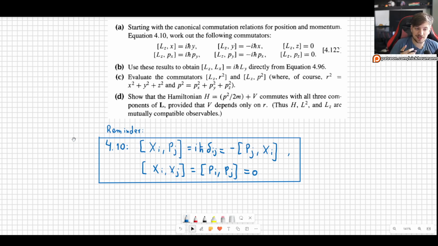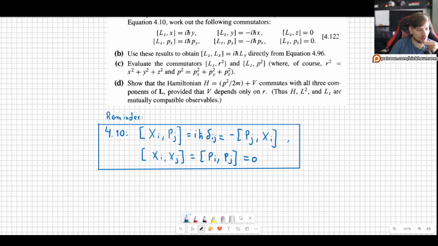That means, can you know the value of one observable at the same time as another? That is more of a physical interpretation. But it also has a more mathematical meaning, and that is basically, can you switch both of our quantities? If you have x times p, for example, can you just change it and write p times x or not? So those are two meanings of the commutators.